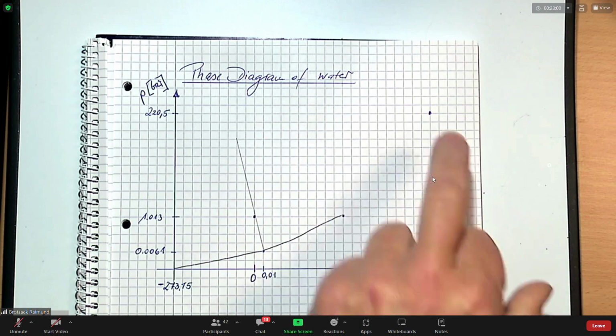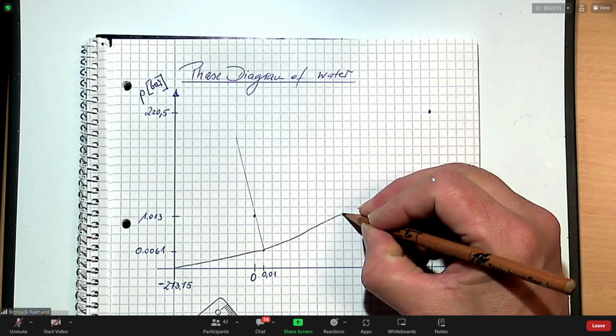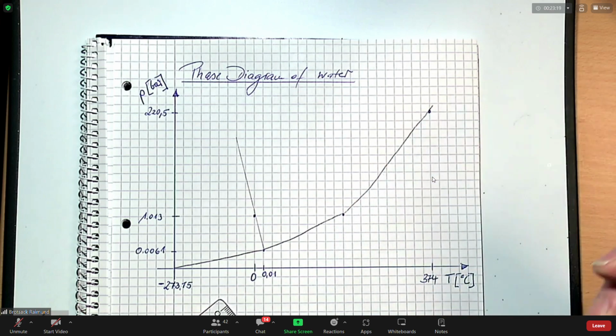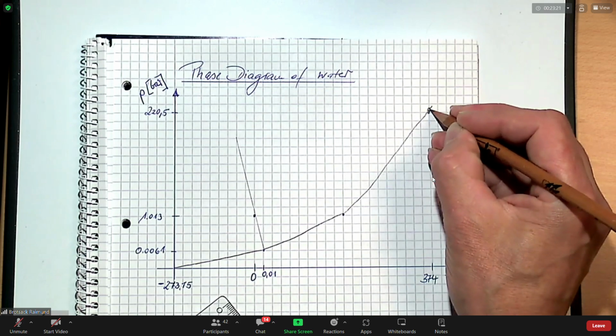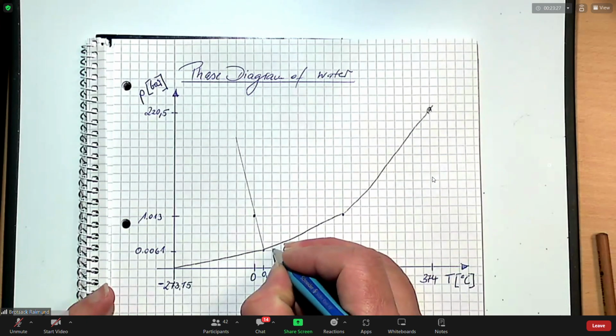And above, we have what we call a fourth phase. It is a kind of plasma or critical water. So here, from the boiling point, we have the curve coming up to the critical point. So this is the triple point.